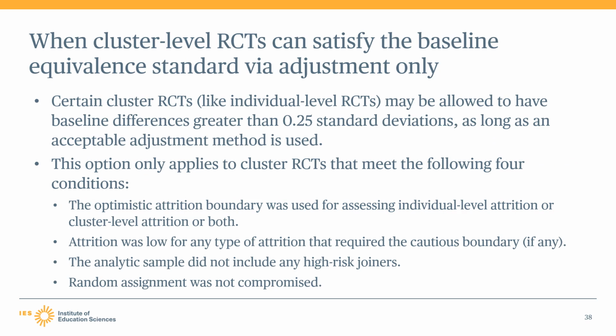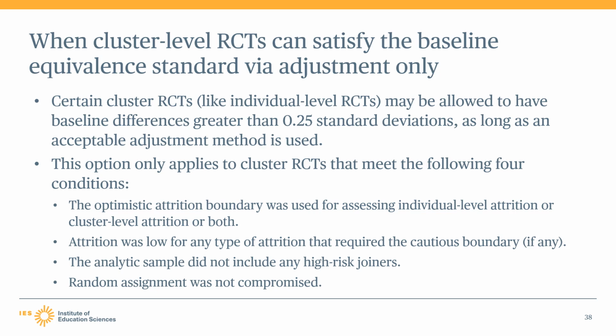Certain cluster RCTs may be allowed to have baseline differences greater than 0.25 standard deviations as long as an acceptable adjustment method is used. This option applies to cluster RCTs that meet 4 criteria. First, the optimistic attrition boundary was used for assessing at least one type of attrition, whether that is cluster-level or individual-level attrition.